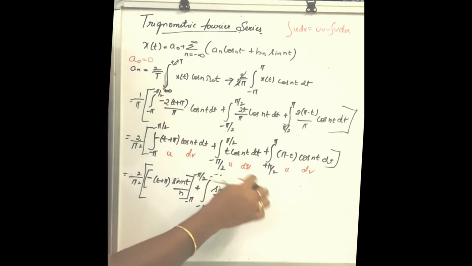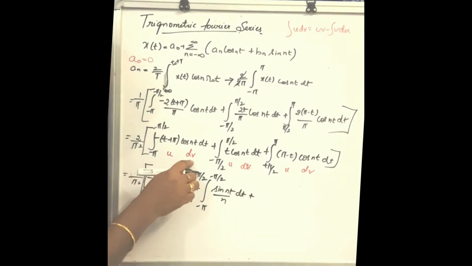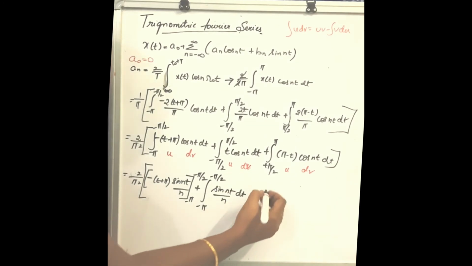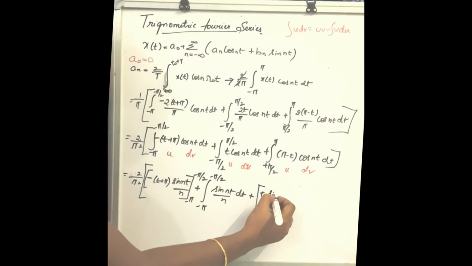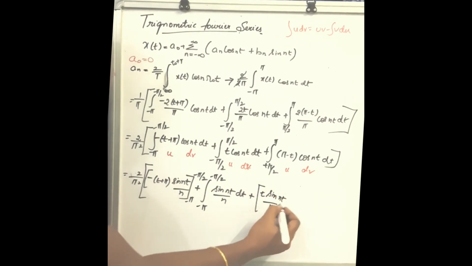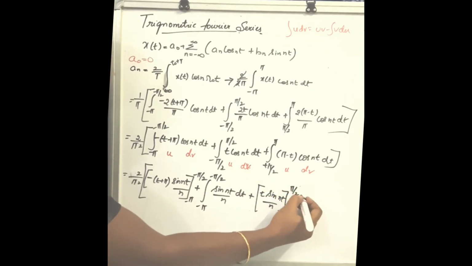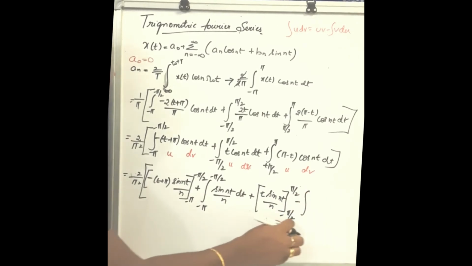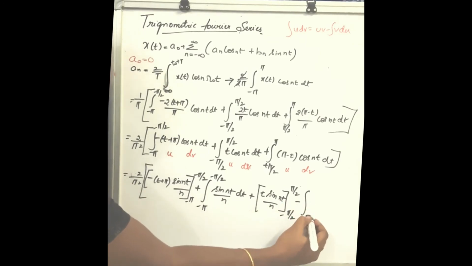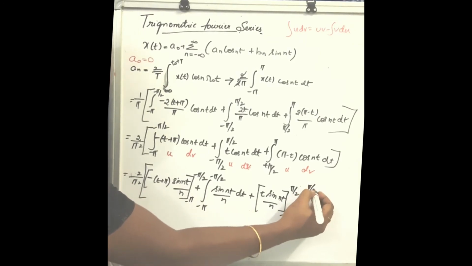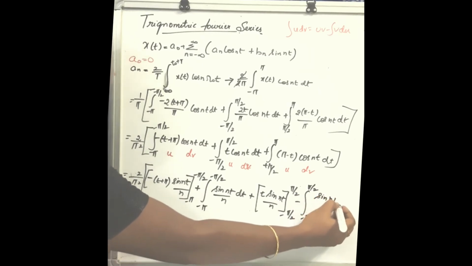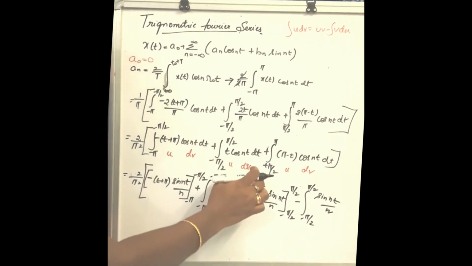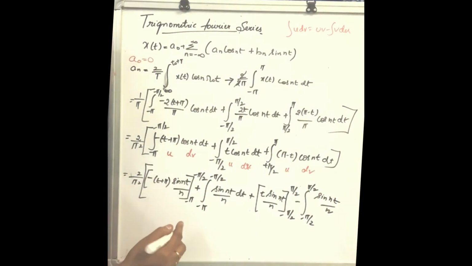And then comes your second term. This was for the first term. For your second term, it is t sine nt by n, with limits minus pi by 2 to pi by 2, minus, this is uv, integral of v du. So again minus pi by 2 to pi by 2 of sine nt by n. So we have completed the first term and second term. The third term is left.